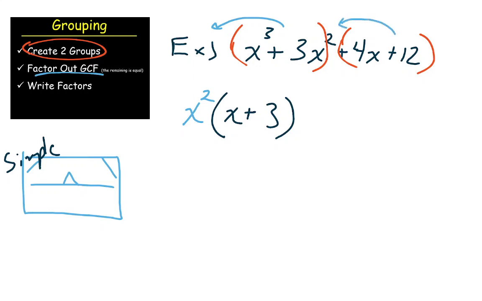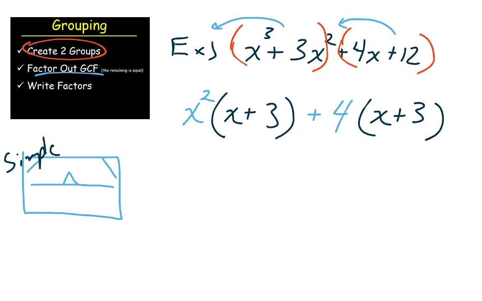But I can also take a GCF out of this group. Well, that GCF would be a 3. Oops, my fault, not 3. Let's try 4. You're factoring out a 4. And look what you're left with. That's right, you're left with x plus 3.